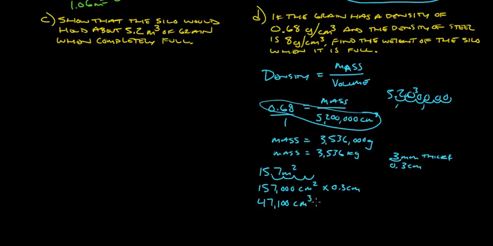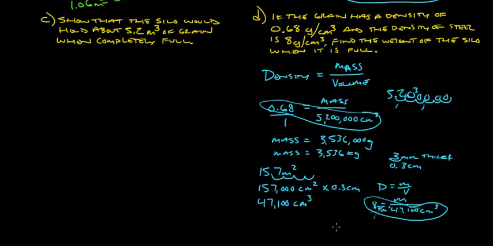So that's our total volume, and again we know that the density of that is 8 grams per centimeters cubed. So density equals mass divided by volume. In this case the density is 8 equals our mass divided by our volume, which is 47,100 cubic centimeters. And thankfully we're already in centimeters cubed here, because this is grams per centimeters cubed. So we're just going to cross multiply like we did before, and really that's over 1.